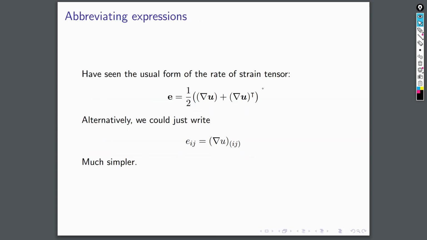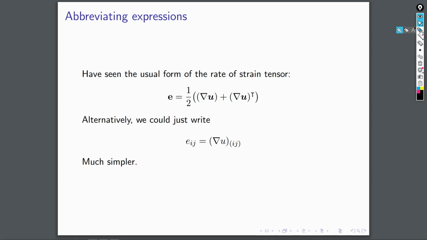So some example usage. If you're familiar with a bit of tensor language and some common mathematical syntax that you'll probably learn if you go on with this subject, you can write things in a very simple way. So we had this rate of strain tensor, which was the symmetric part of the velocity gradient.